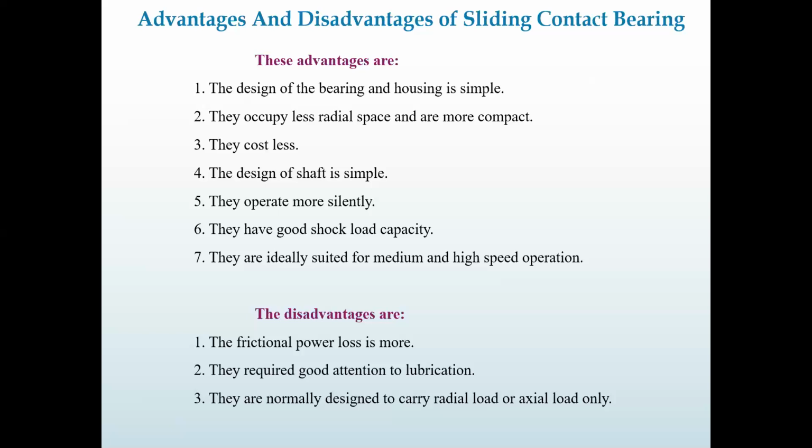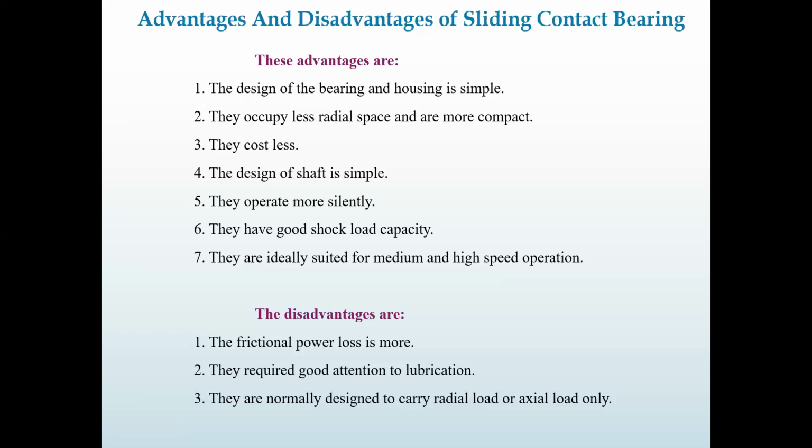Similarly, it has some disadvantages. The frictional power loss is very high, as at the start it requires more torque or power so that it can properly start rotating. We will discuss this when we discuss the hydrodynamic bearing, where you can clear this concept.